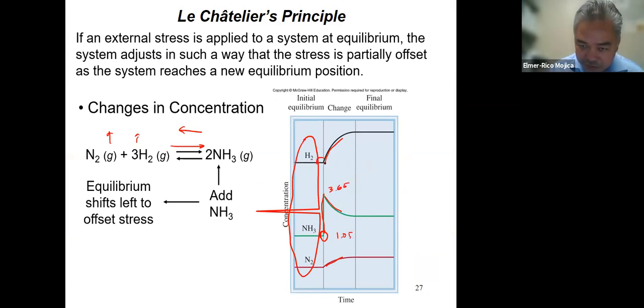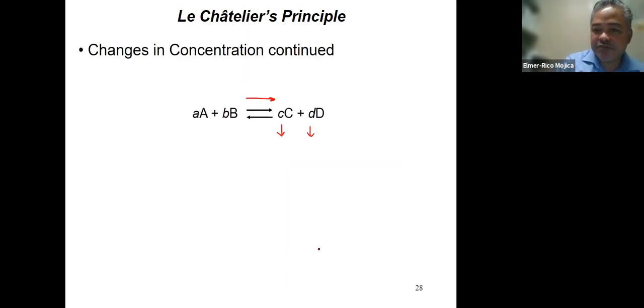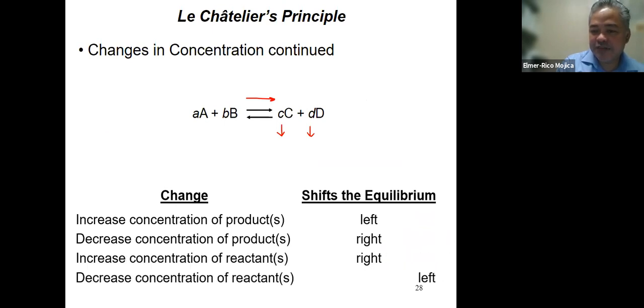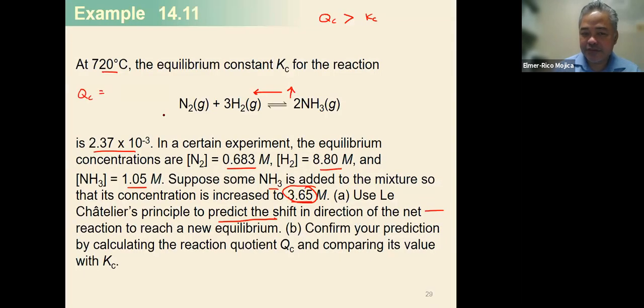So that means we're still going to utilize whatever is the equilibrium concentration of the other species. Do you follow that? So we use 3.65 squared over 0.683 times 8.8 to the cube. So what do you get?